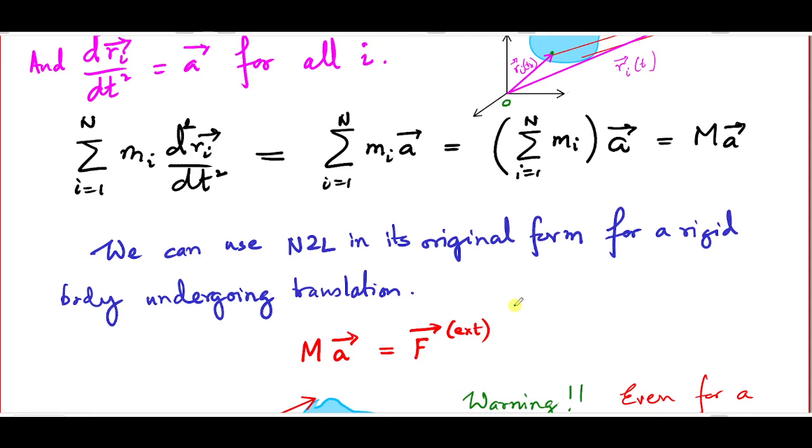Now this explains why in many problems that we have done, we could treat extended objects as if Newton's second law directly worked for them. We were essentially talking about translating rigid bodies, for which this equation works as it is.